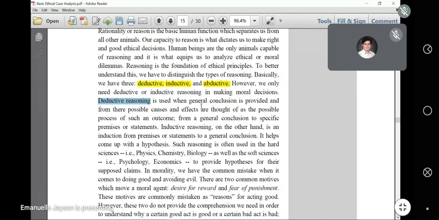So deductive reasoning is used when general conclusion is provided, and from there, possible causes and effects are thought of as the possible process of such an outcome. So from a general conclusion to specific premises or statements. Inductive reasoning, on the other hand, is an induction from premises or statements to a general conclusion. Helps come up with a hypothesis.